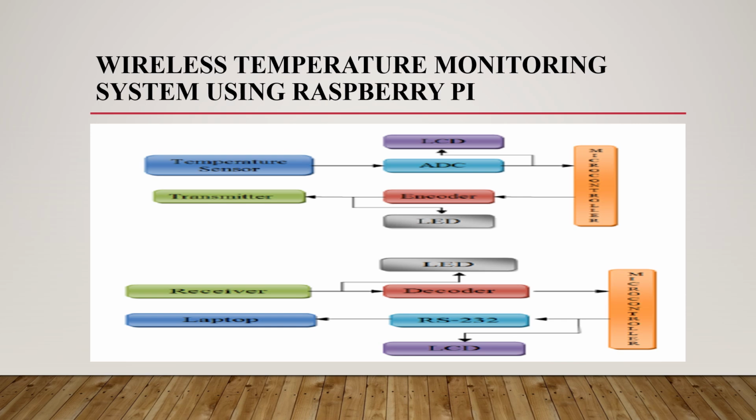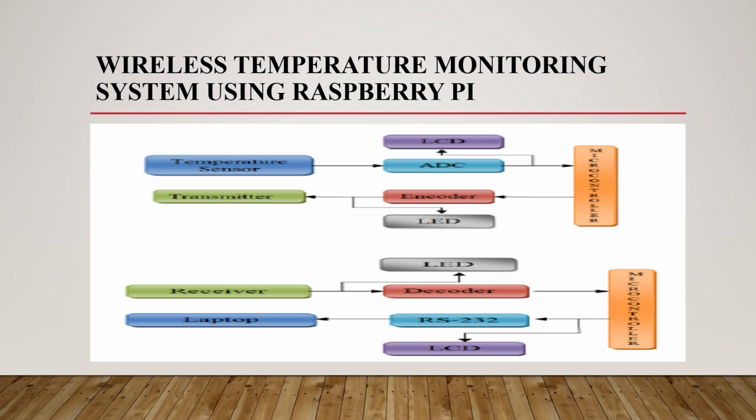Another important application of Raspberry Pi is how we can detect or monitor the temperature, that too without wires, using Raspberry Pi. As you can see in the picture, we have two major things, that is encoder and decoder.